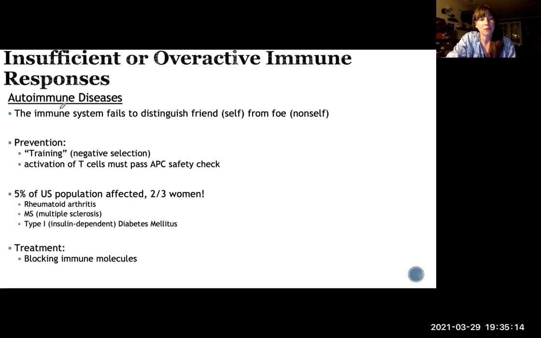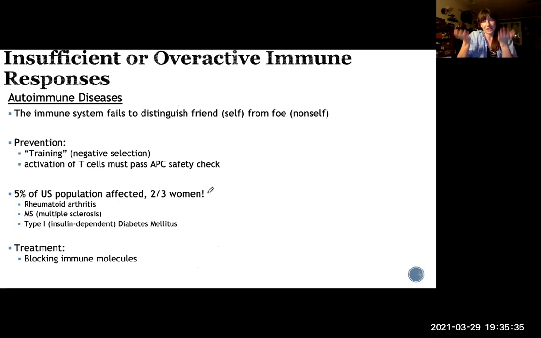The treatment for autoimmune diseases is really just to block immune molecules. You can use immunosuppressive drugs, but like we were saying, immunosuppressive drugs work on the entire immune system. So it's really a problem to be immune compromised. It's potentially a worse problem to be immune compromised than it is to have an autoimmune disease.